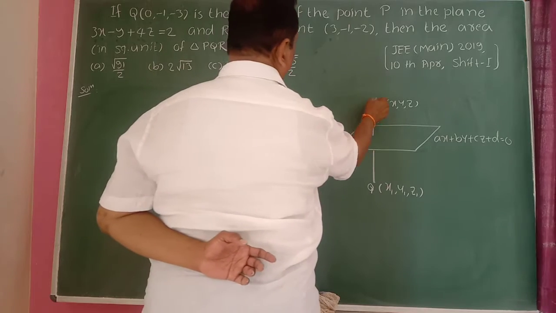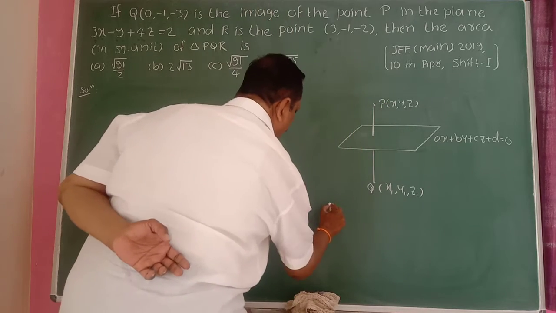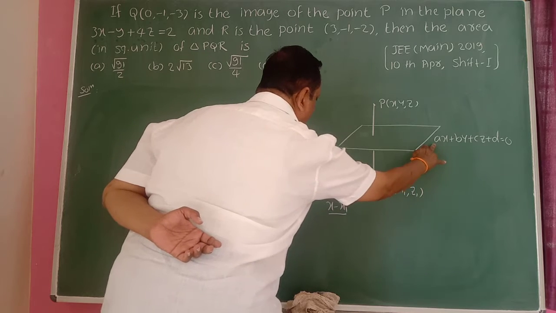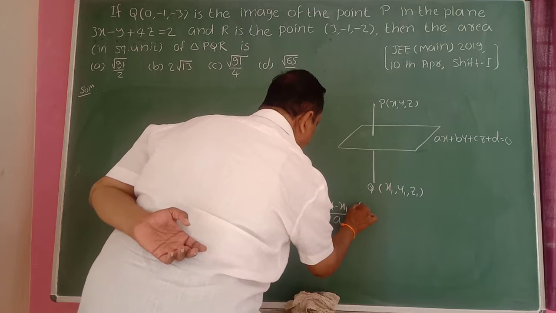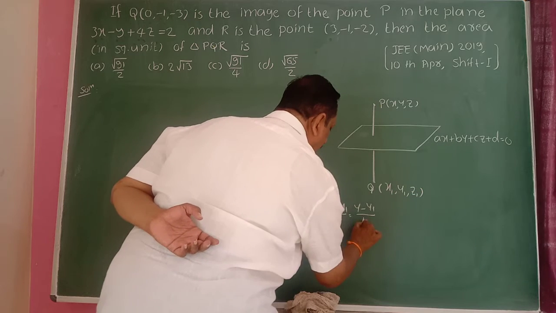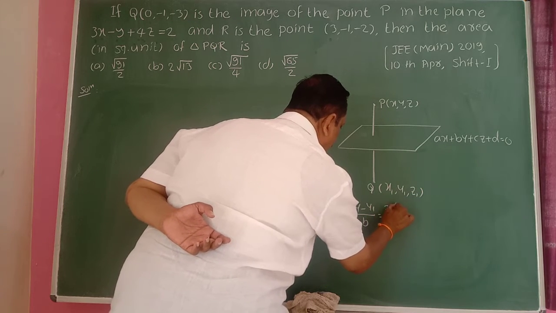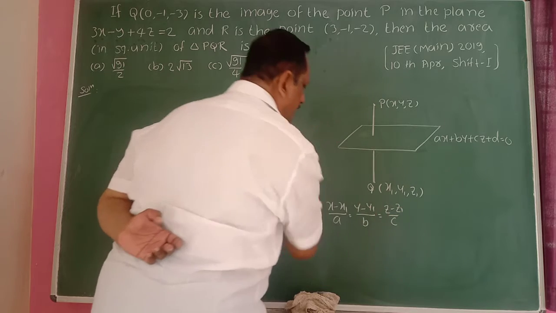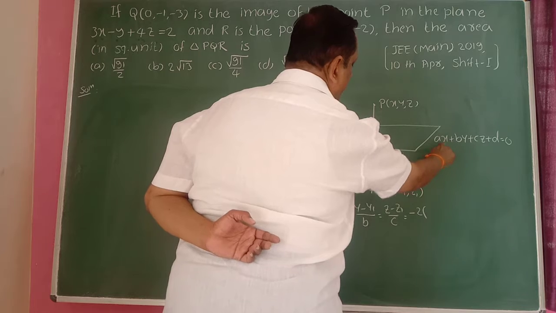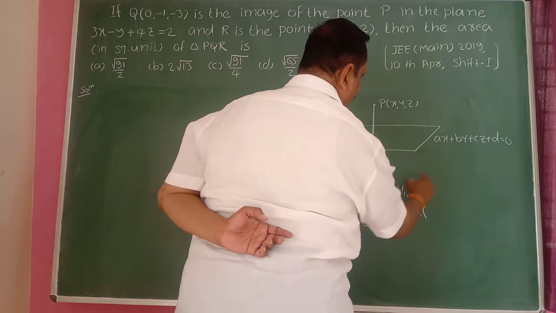If you want to find the point P, use the formula (x - x1)/a = (y - y1)/b = (z - z1)/c = -2 times (ax1 + by1 + cz1 + d)/(a² + b² + c²), replacing x by x1, y by y1 and z by z1.